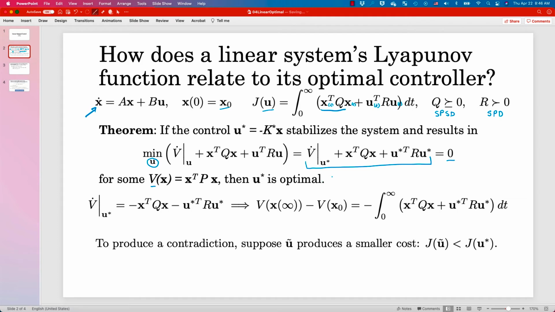Optimal in the sense that it minimizes J of u over all possible control efforts u. Okay, so let's unpack this relatively long theorem statement.